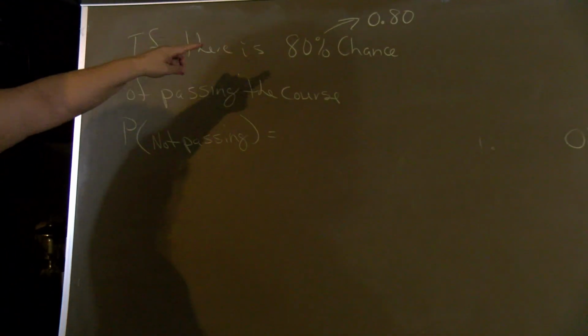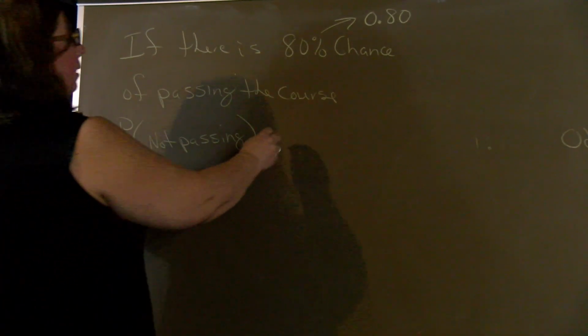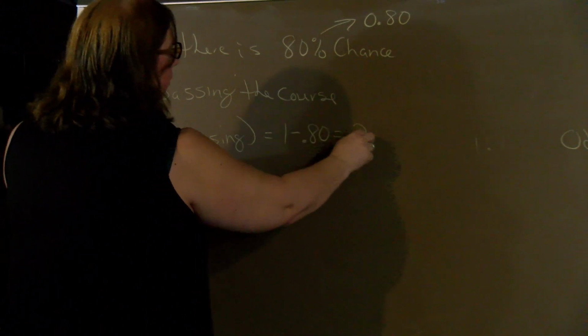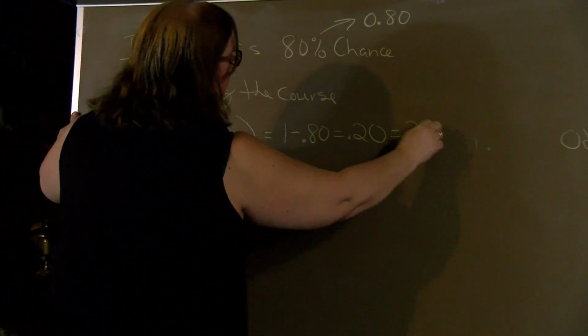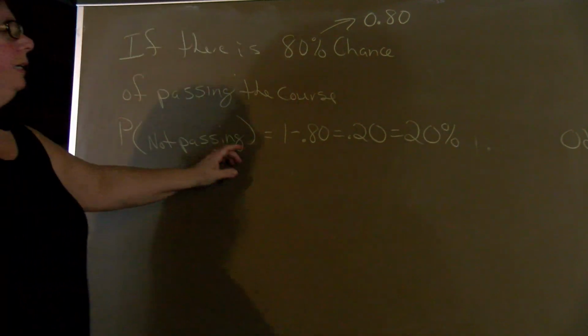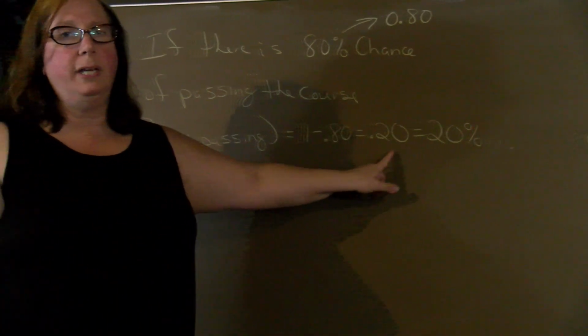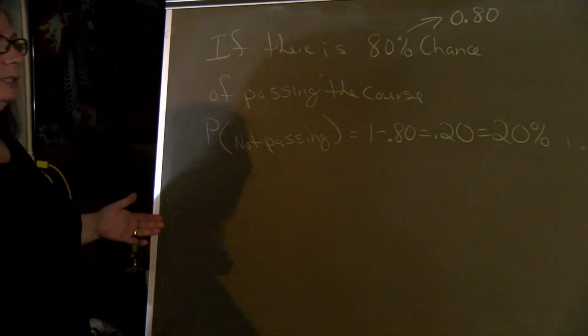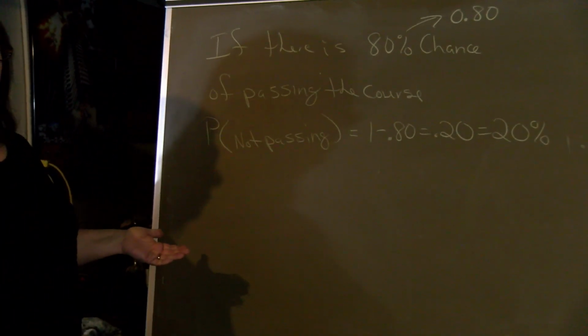So if passing is 80%, not passing is 1 minus 0.8. One minus 8/10 is 2/10, or multiply by 100 to get 20%. So there's a 20% chance of not passing.